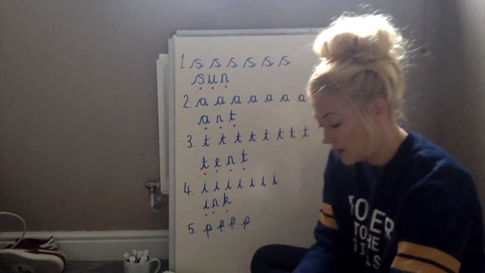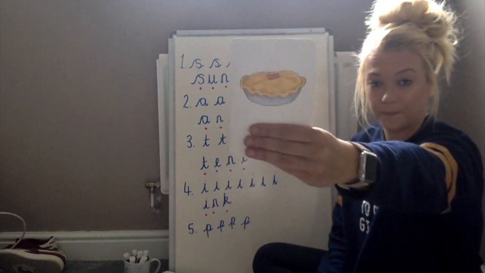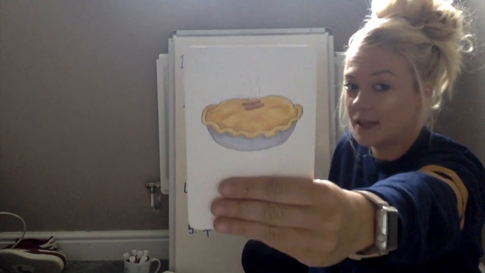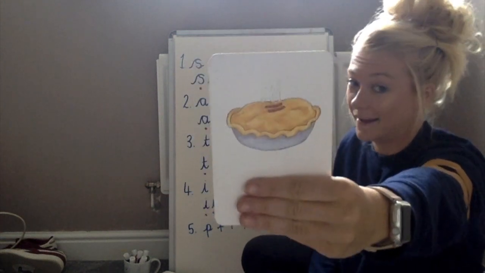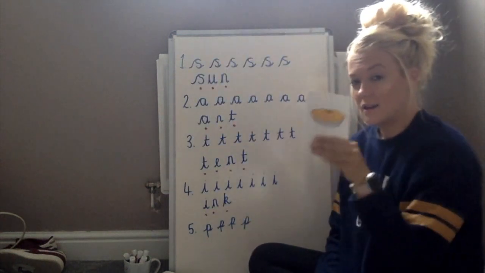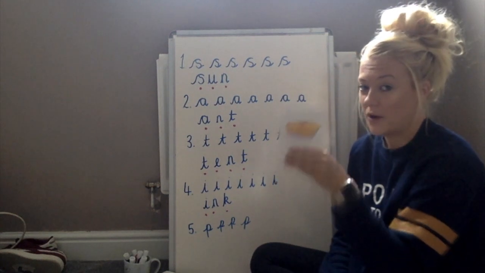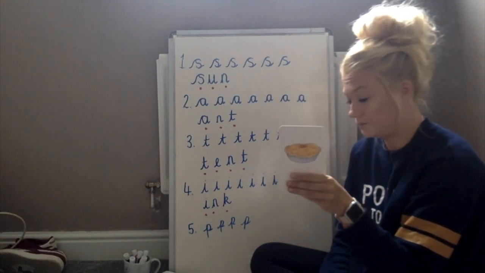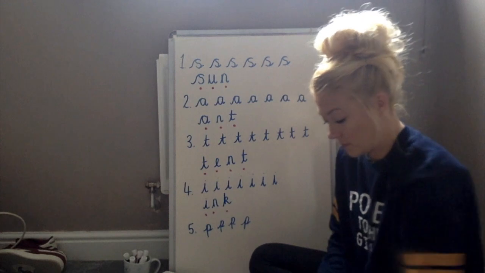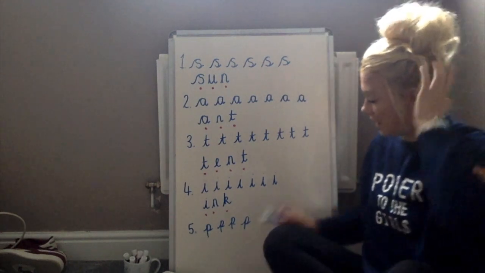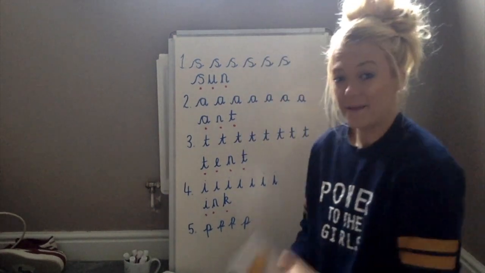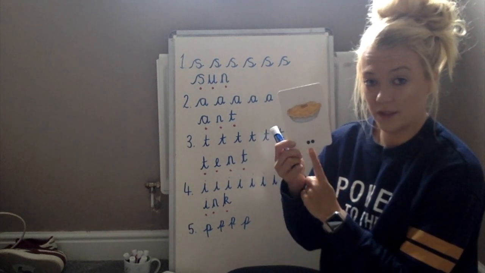So the word we're looking at for the p sound is this. This is a pie. Pie. Try and write that down without help first and pause the video. Okay, so the word pie has only got 2 sounds.